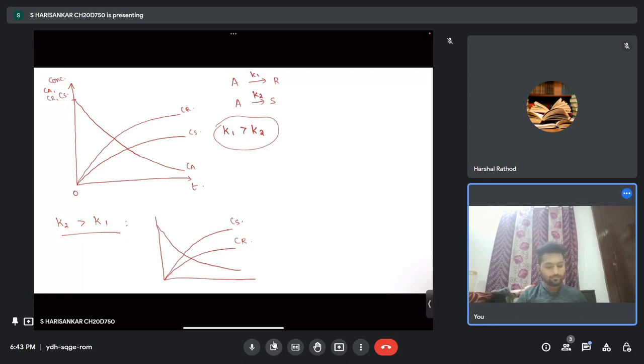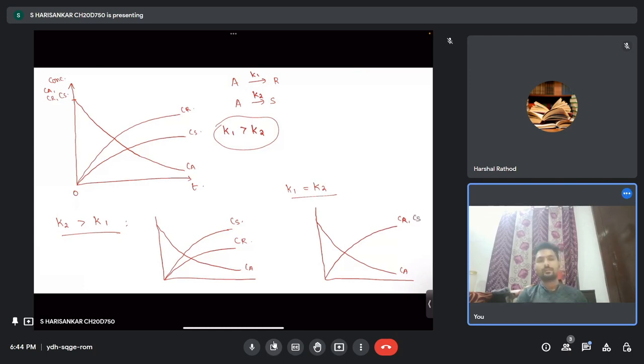And one more case, if K1 is equal to K2, then the concentrations of R and S will overlap each other. So Cr, Cs.